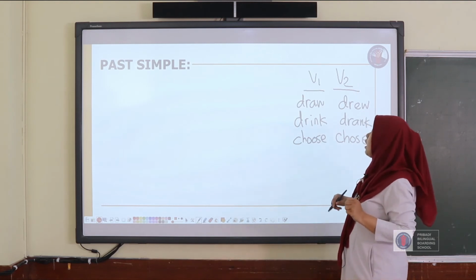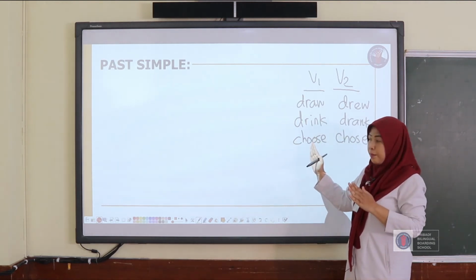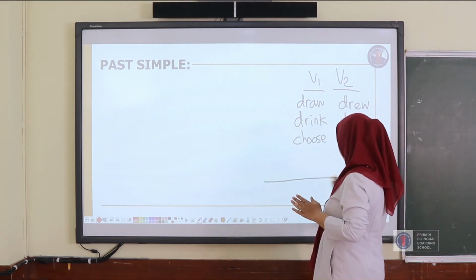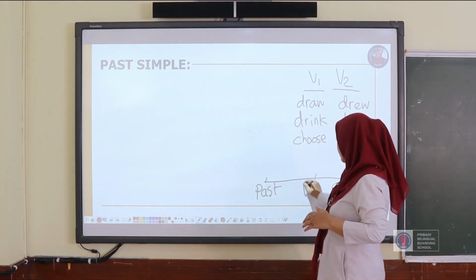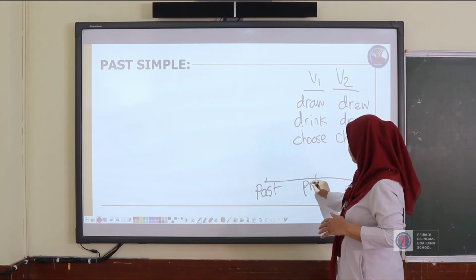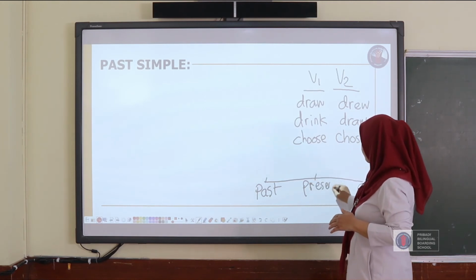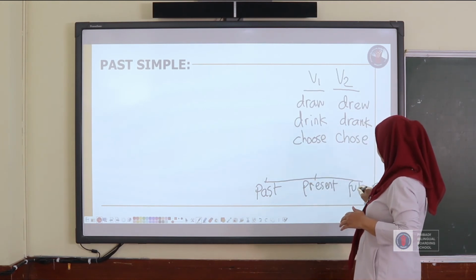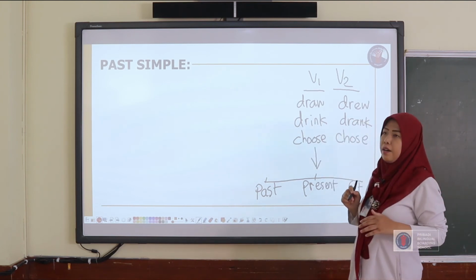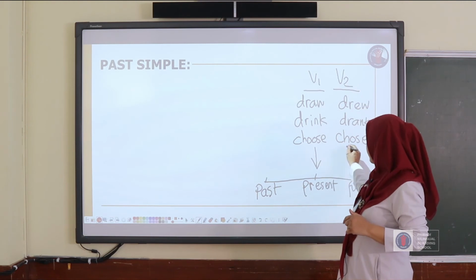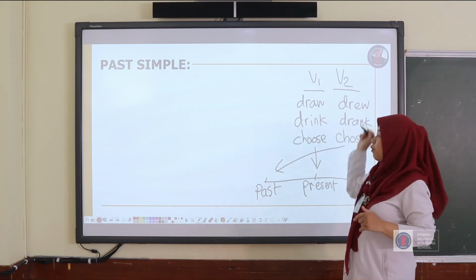Just 3. Again, verb 1 is for the present. Remember the timeline: past, present, future. Verb 1 is used for the present, and for the past we use verb 2.